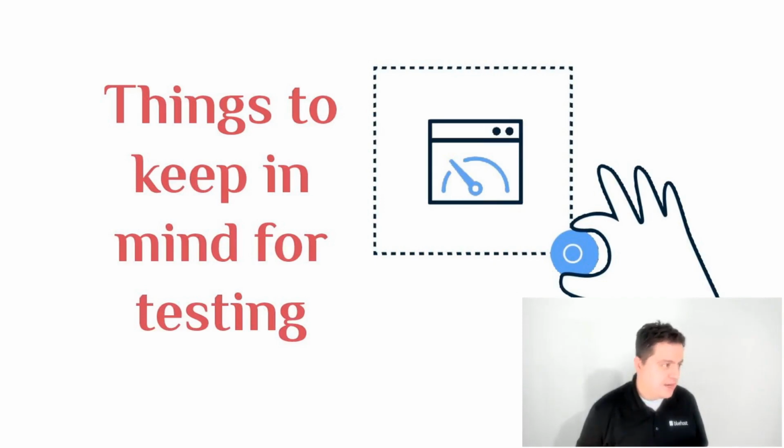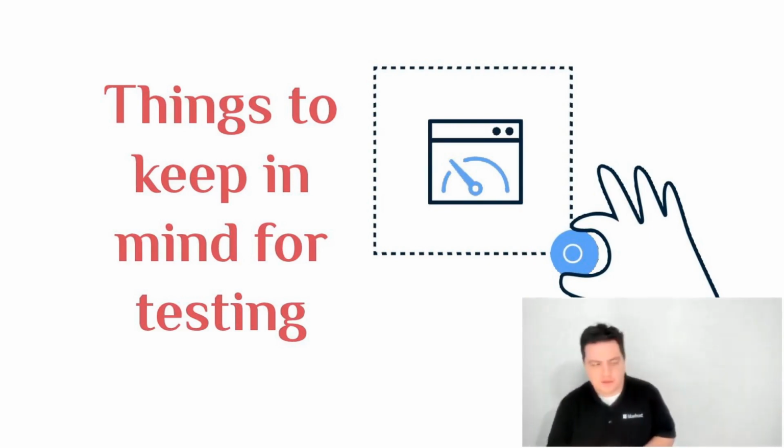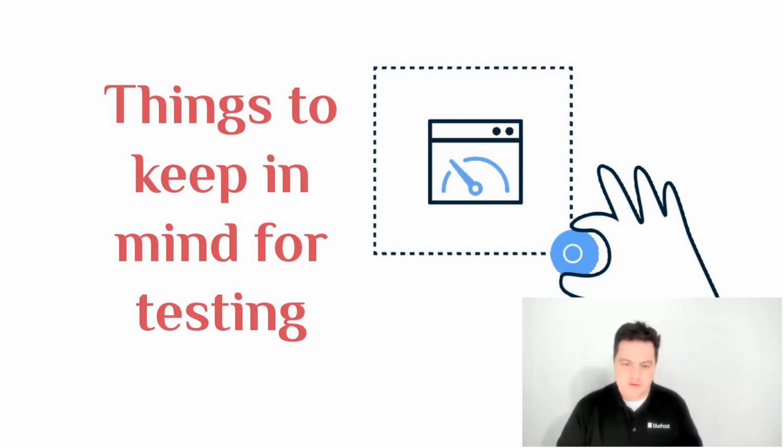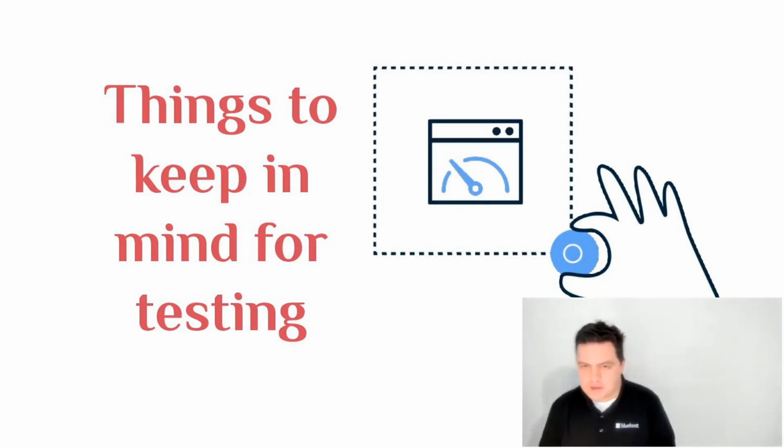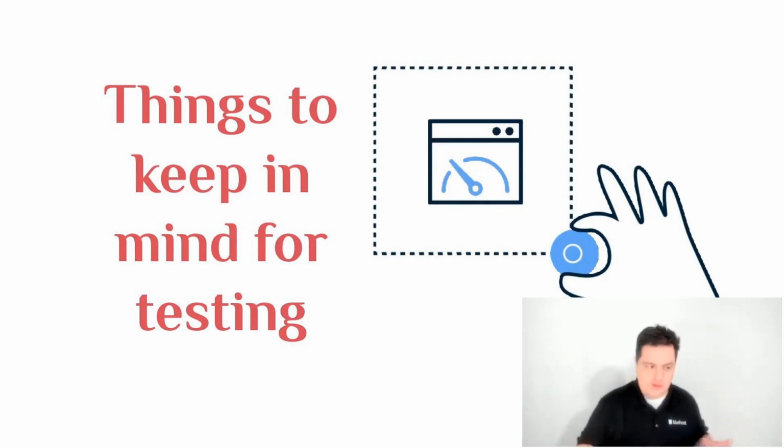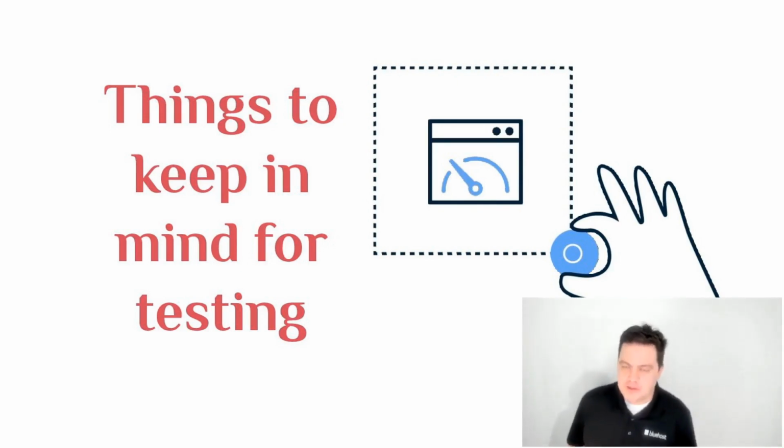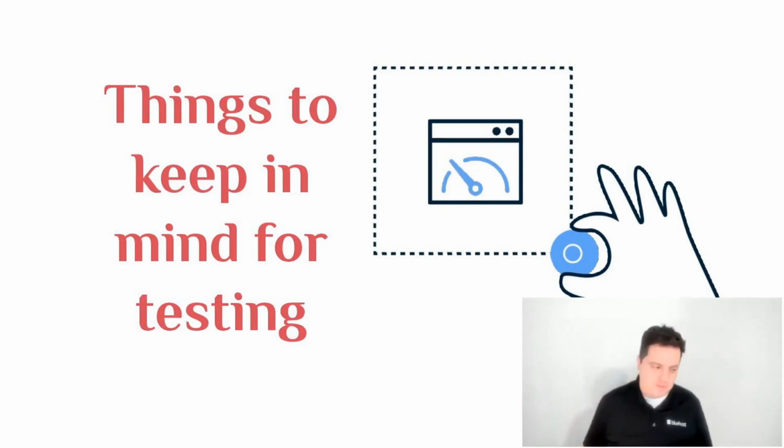Some stuff to keep in mind for testing as you're going through this is that the numbers that really matter are what are referred to as Core Web Vitals. And maybe that's something you'll want to Google, because some numbers matter more than others. You'll see sometimes people talking about numbers like time to first byte, which is when the first byte comes back from the server.